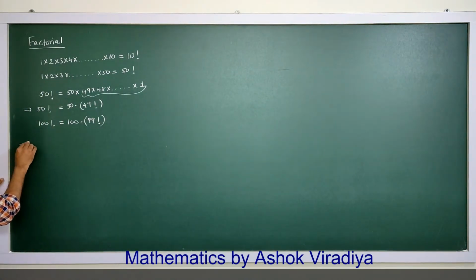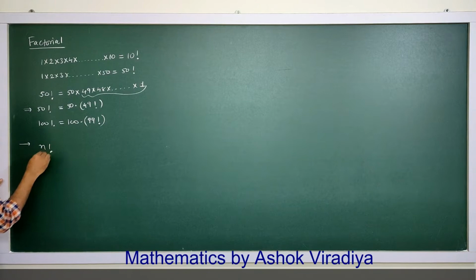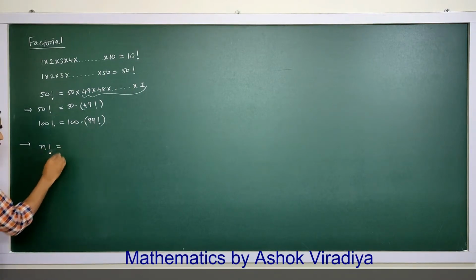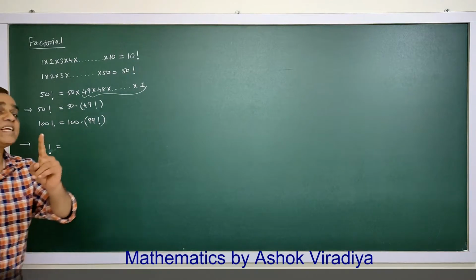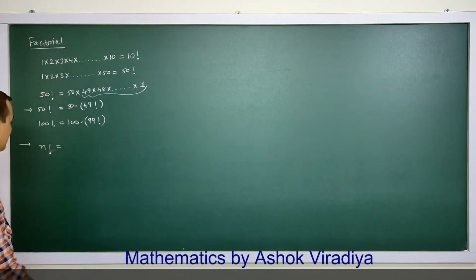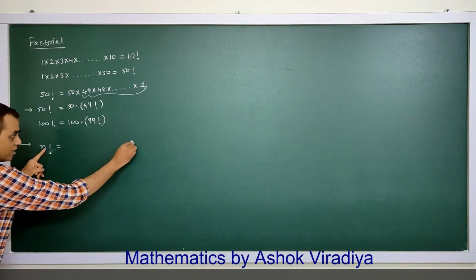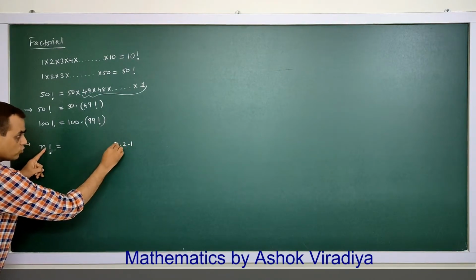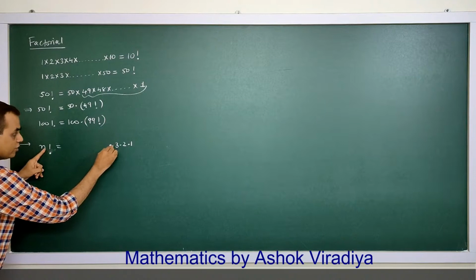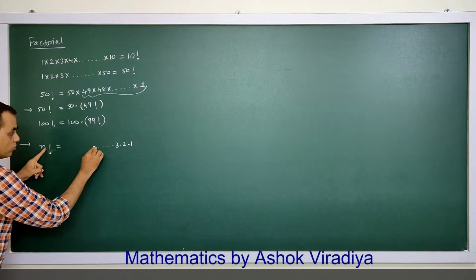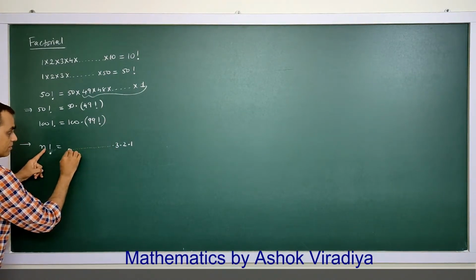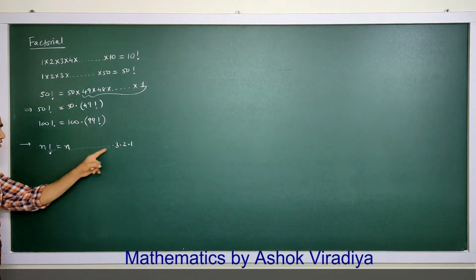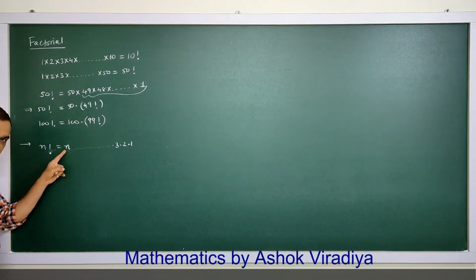Similarly, now n factorial. N factorial is the product of first n natural numbers. That is, n factorial is 1 into 2 into 3 into up to n. This is the product of first n natural numbers.